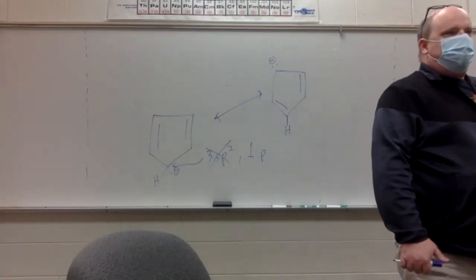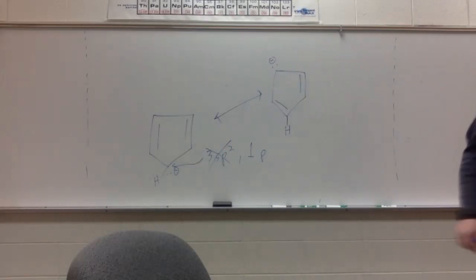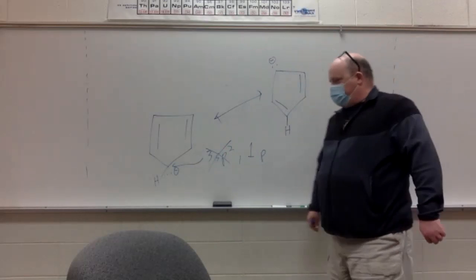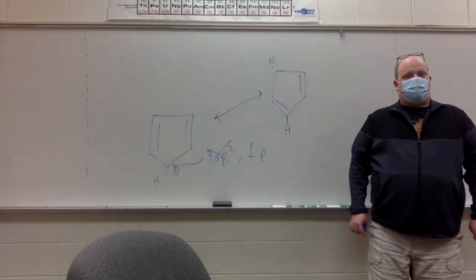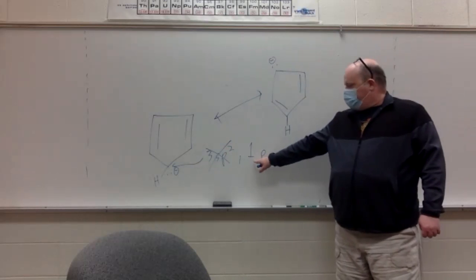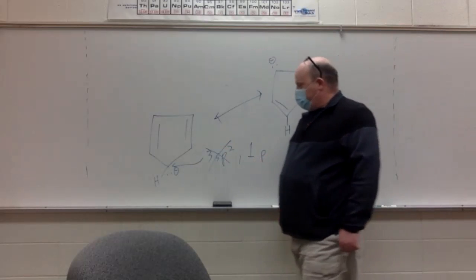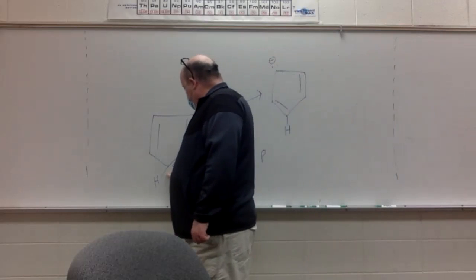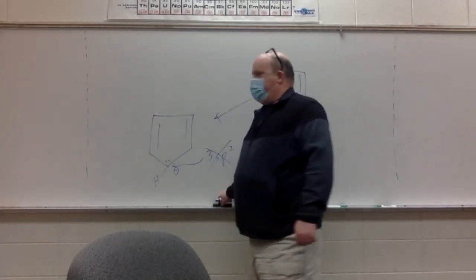Does that carbon currently have any pi bonds? No. So where are those unshared pairs going to end up being? Only thing left over is a p orbital, so they're going to go in there. And if they're in the p orbital, that means they got to be on the inside.